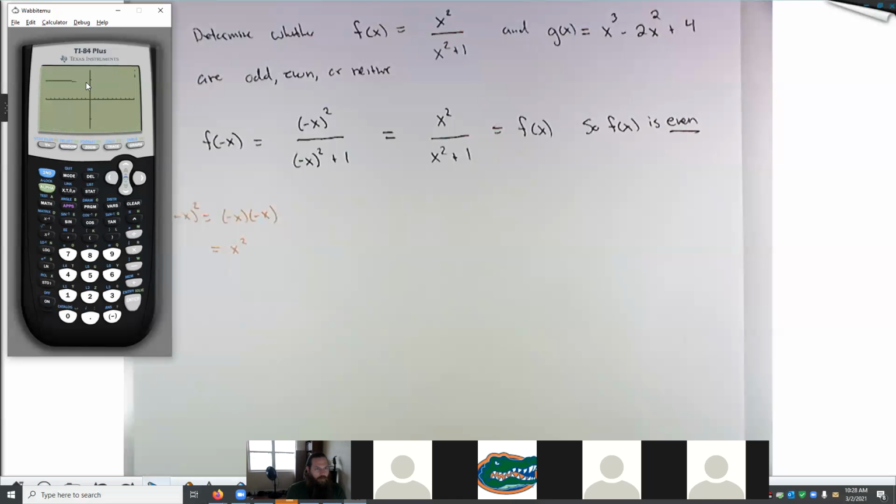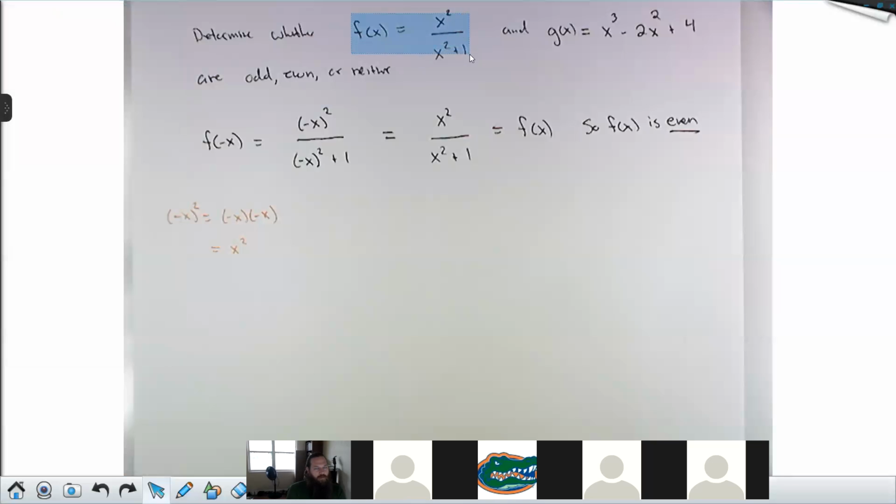My scales, I might need to play around with things a little bit more. Oh, no, this is fine. You see, we have y-axis symmetry here, right? It's symmetric about the y-axis. We could have guessed that this would be even.